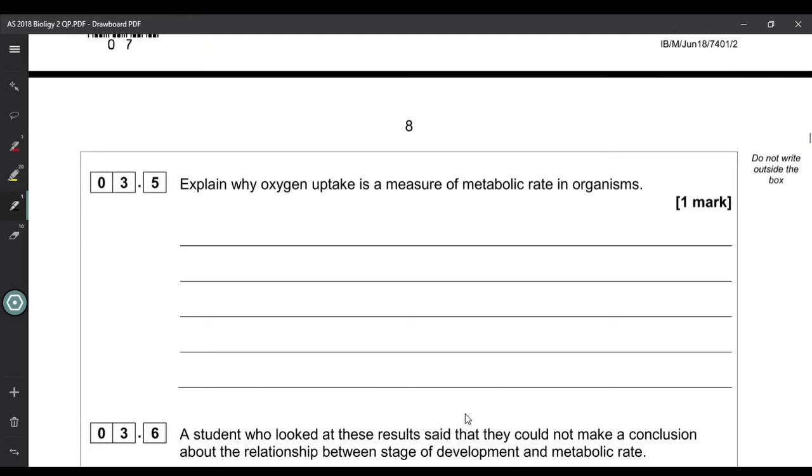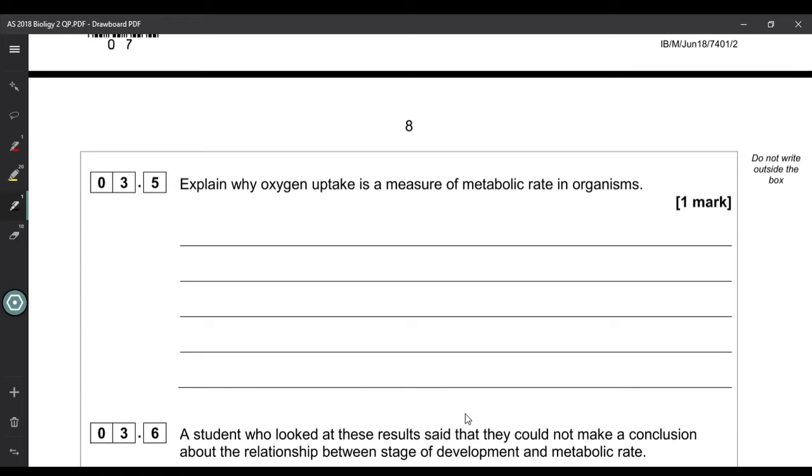It says next, explain why oxygen uptake is a measure of metabolic rate in organisms. Now here, we know that oxygen is used in respiration, but that doesn't tell us about metabolic rate. We've got to explain why an increase in oxygen, therefore an increase in respiration, is linked to metabolism.